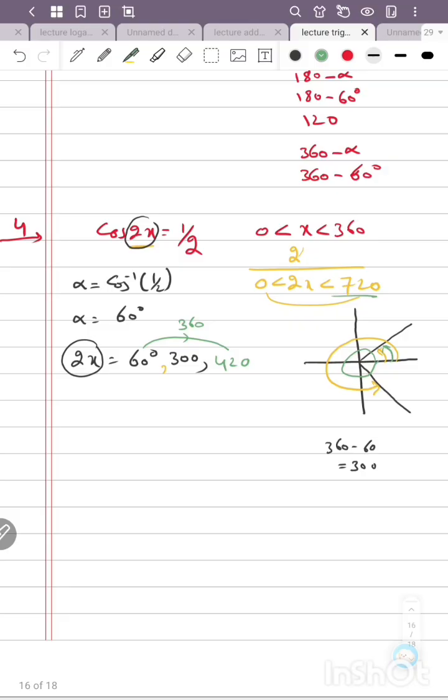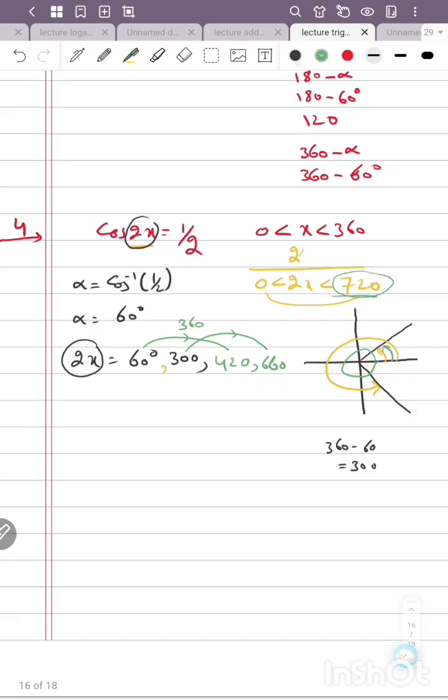Now if we add 360 plus 300, we get 660. After that, if we move forward, our range will exceed 720. So these are our answers.